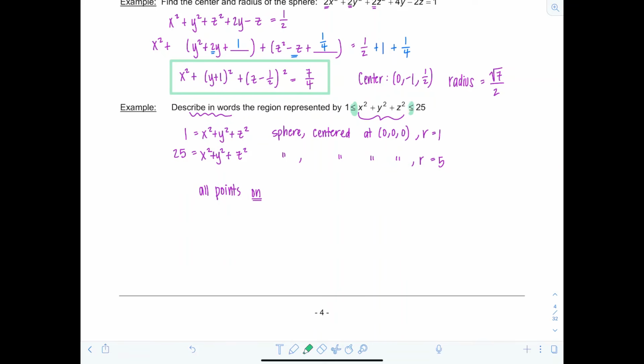Because the inequalities are inclusive, right? So on and between spheres centered at the origin with radii 1 and 5. Okay, so try to visualize what it would look like.